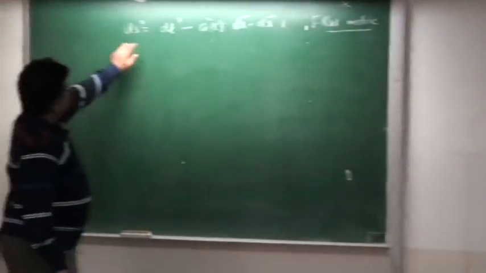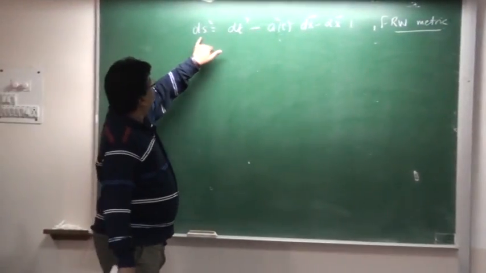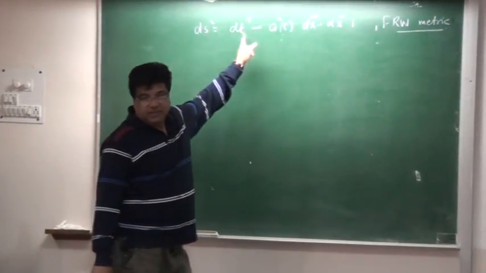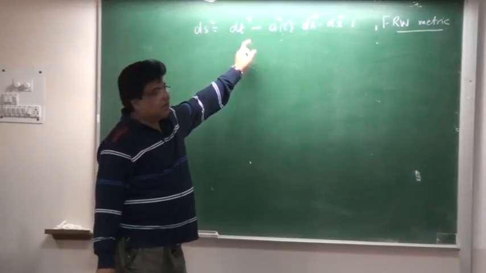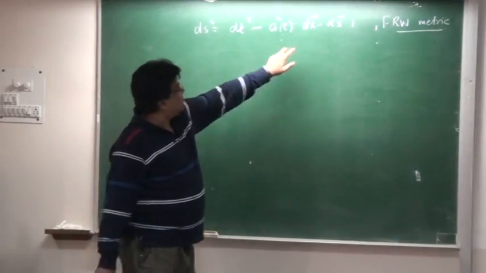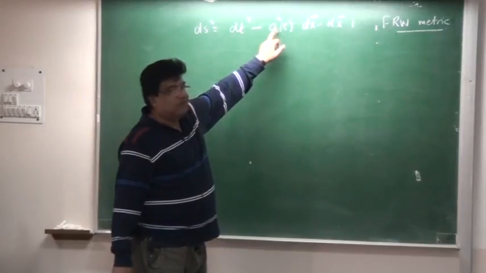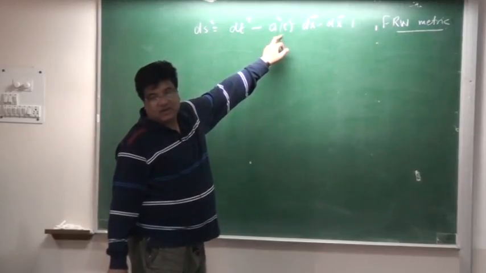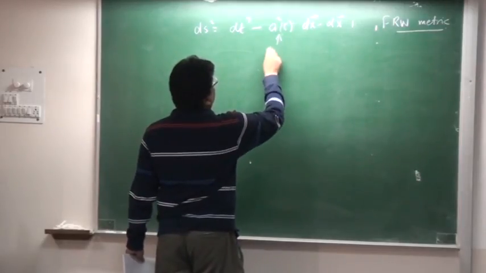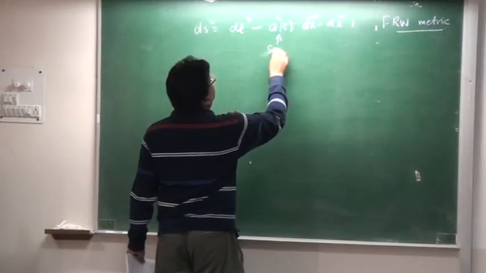In special relativity, ds squared is dt squared minus dx squared, no a. But if you have an expanding universe, then the space part gets multiplied by a factor a, which is called the scale factor.